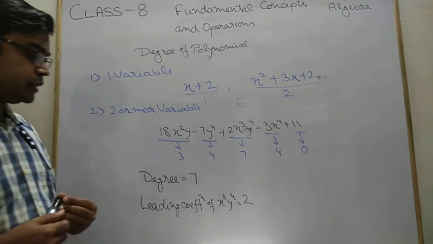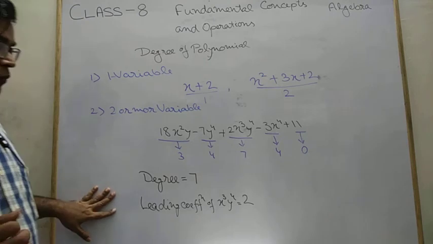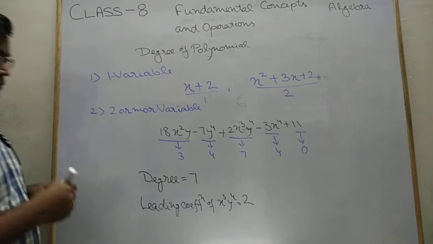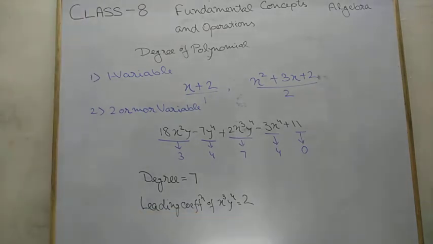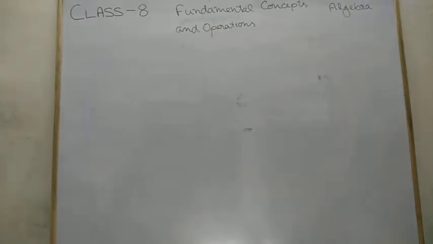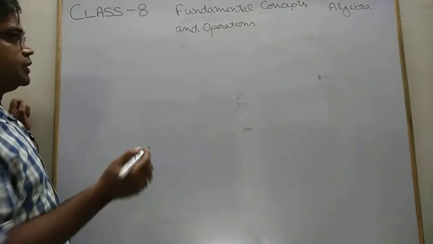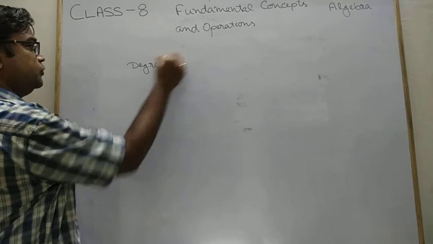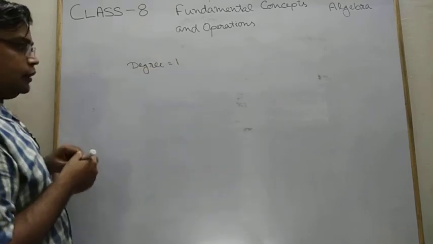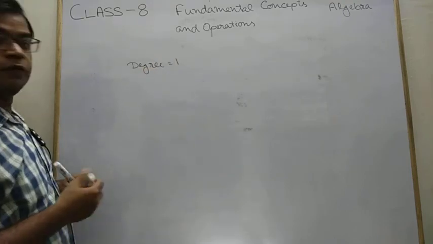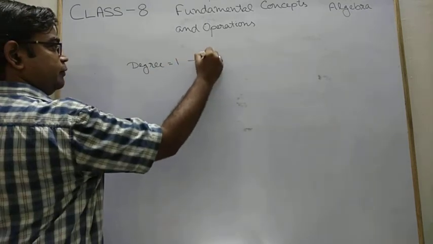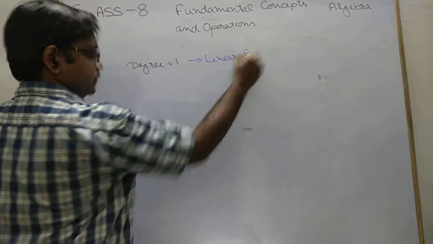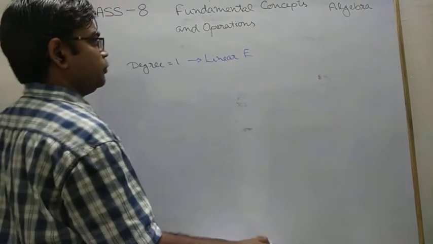Now, based on degrees, there are different types of polynomial. If any expression's degree is 1, then it is known as a linear expression or linear polynomial.